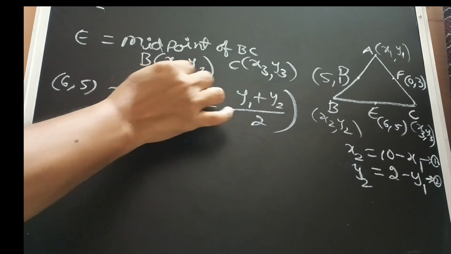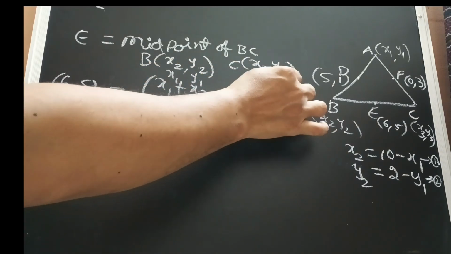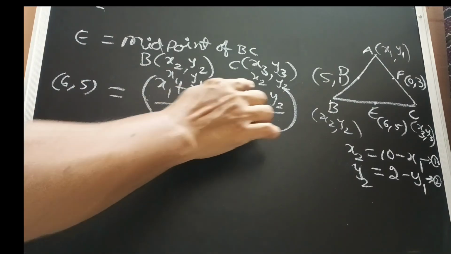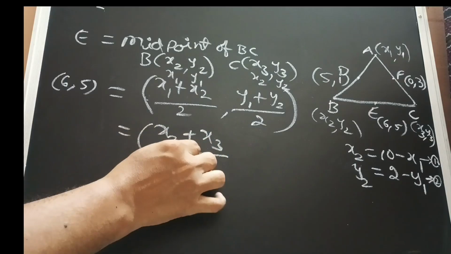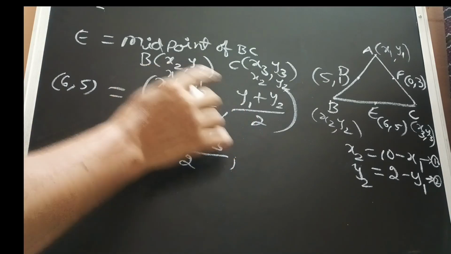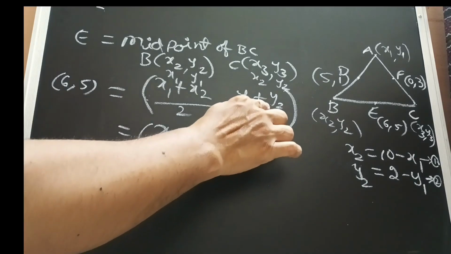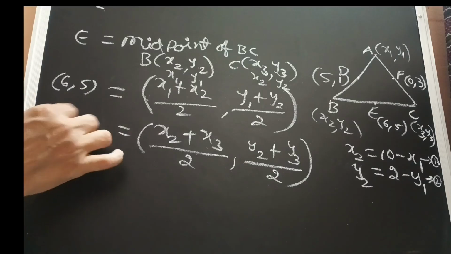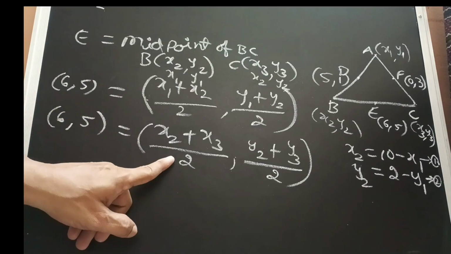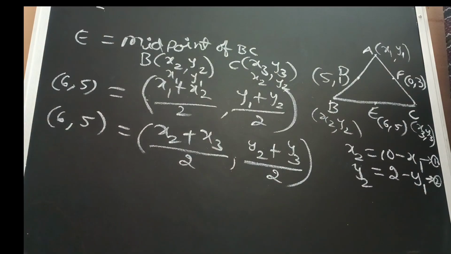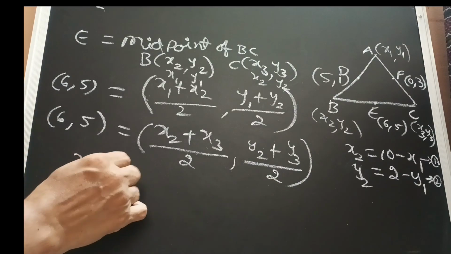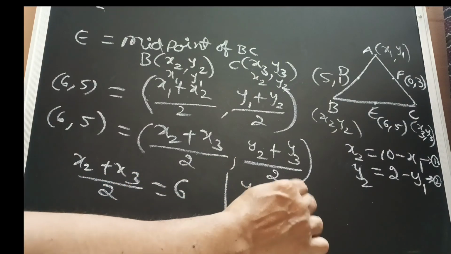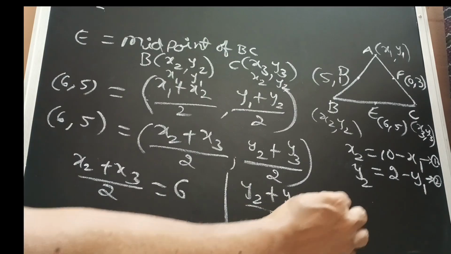So x2 plus x3 by 2 is equal to 6, and y2 plus y3 by 2 is equal to 5.